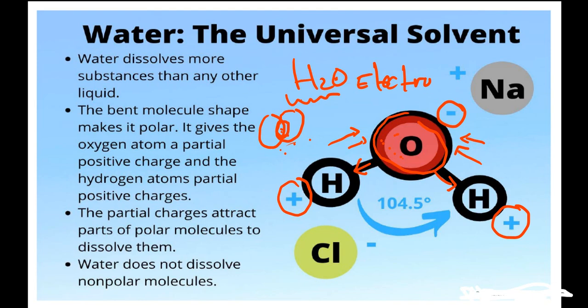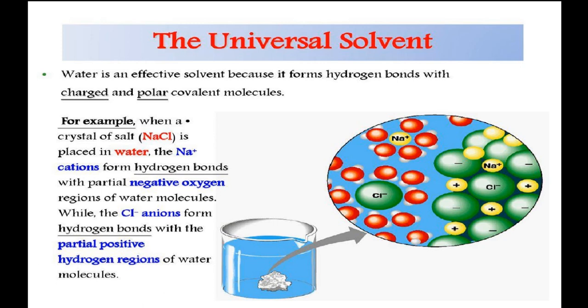So, universal solvent, you can see here. In the water, with the polarity happening, we have some regions that will be more positive and some that will be more negative. If you dissolve something like sodium chloride, which is table salt, it forms sodium ions plus chloride ions.